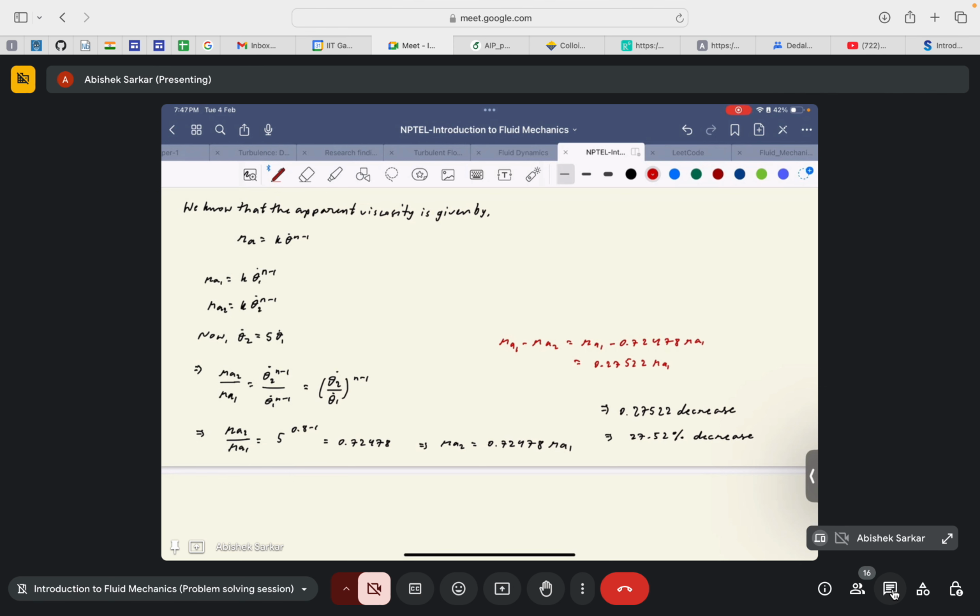It will basically mean that it has decreased by 27.52%. Okay, because see, clearly mu a2 is 0.7247 of mu a1. It will basically mean that it has decreased, but by how much? It is decreased by 0.27522 or 27.52%. So the correct option would be option number B.